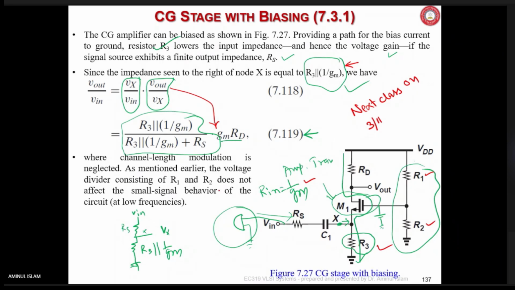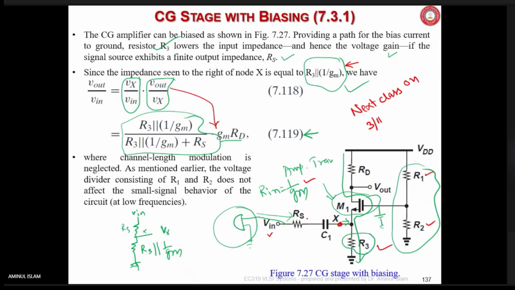Now the voltage here due to V in, that is the input signal voltage developed or generated by the microphone or any transducer. How much AC voltage signal is available here?